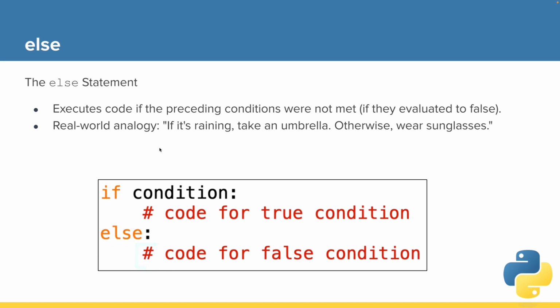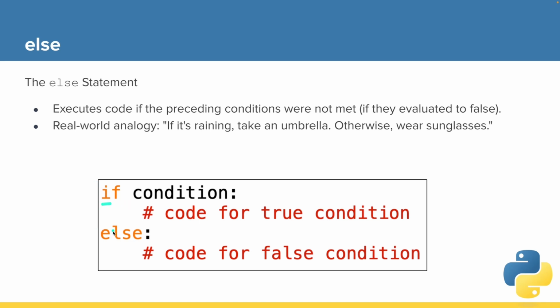We'll execute that code. A real-world analogy would be if it's raining, take an umbrella. Otherwise, wear sunglasses. So just a simple analogy, may or may not be 100% accurate, but I hope it can help you understand that we're just saying in every other instance, wear sunglasses. So the else needs to match with the indentation of our if statement.